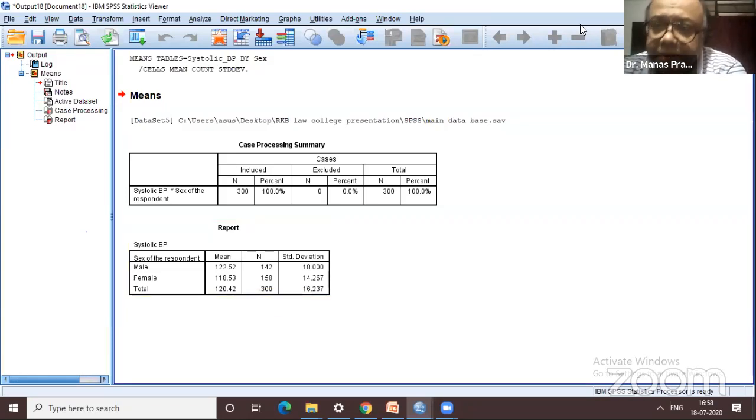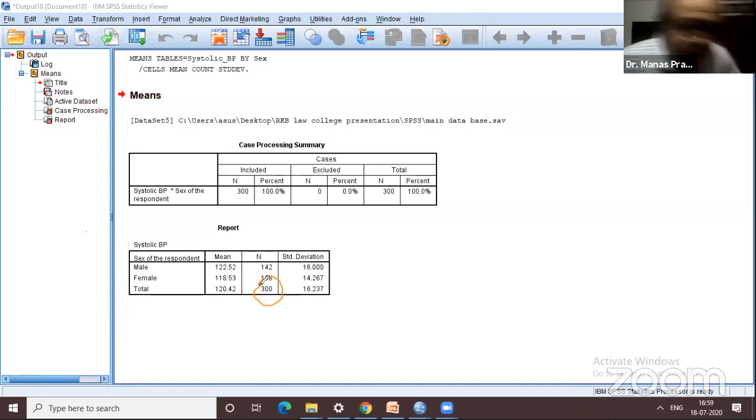That means on average, the male person has a systolic blood pressure of 122, and for female it is 118. So you see, the mean systolic blood pressure of females is less than males. Okay, but this observation comes from only 300 observations. This is our sample size. So what we have observed is for 300 observations.